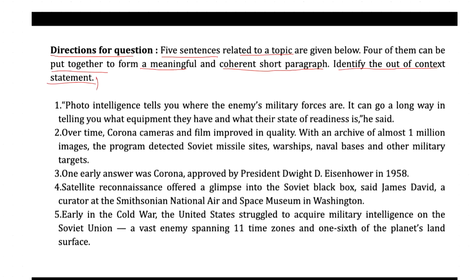So generally what the students do is read the sentences and try to jump into the middle of it, or whichever they feel is the odd one, they take it as the option. But what I feel is that when we go for jumbled sentences or odd man out question types, we need to make the sequence.